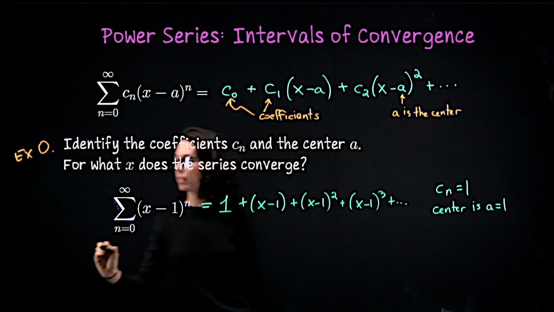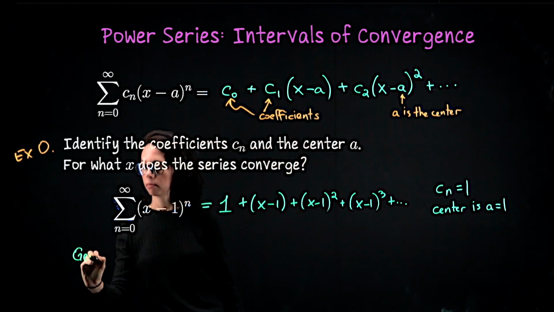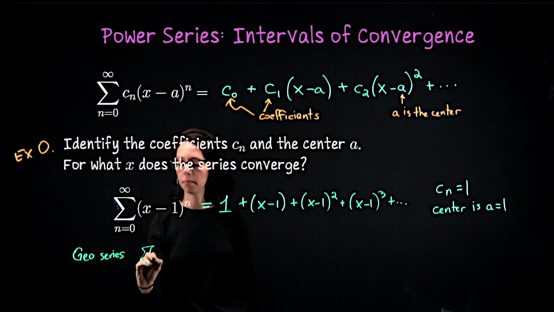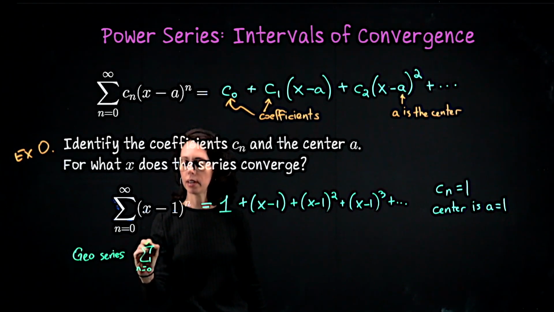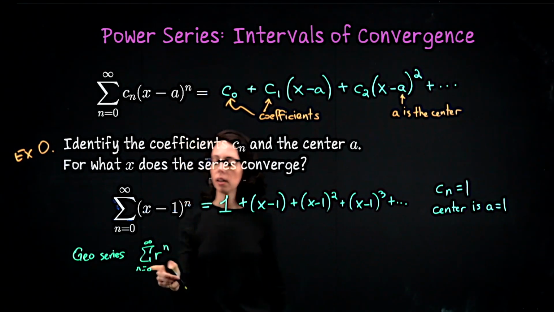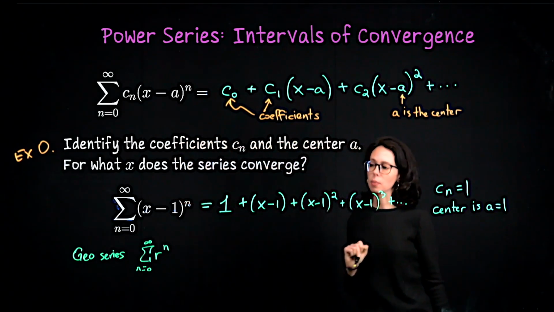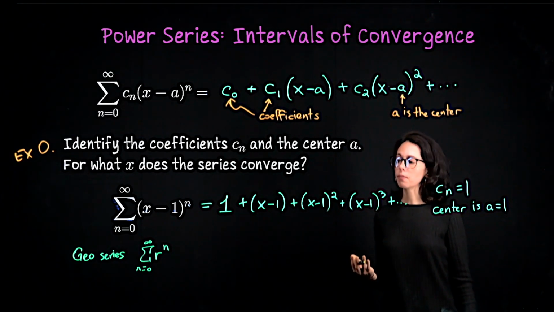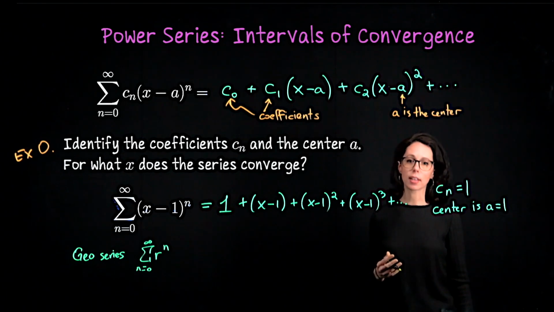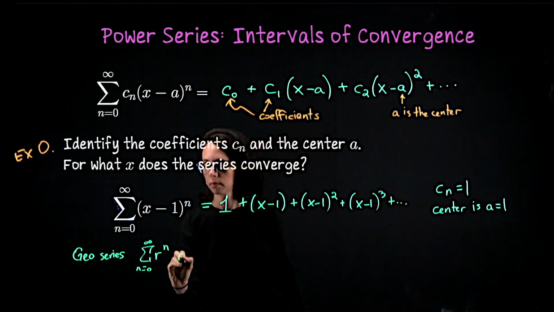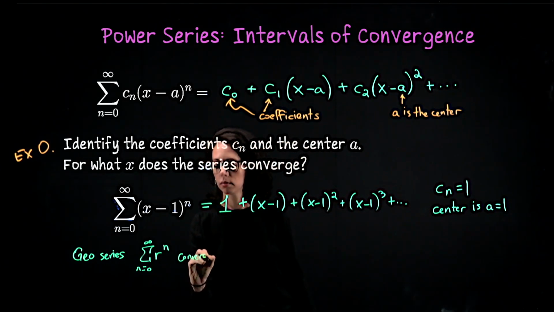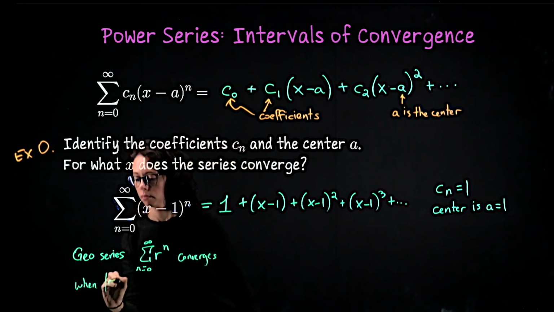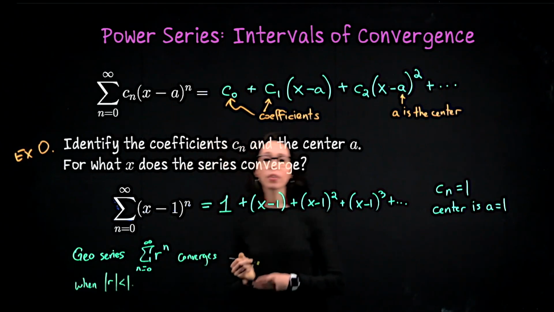So recall a geometric series of the form n equals 0 to infinity r to the n, where here we can imagine that the base r is a number, like 1/2, converges when the absolute value of r is less than 1. It diverges otherwise.